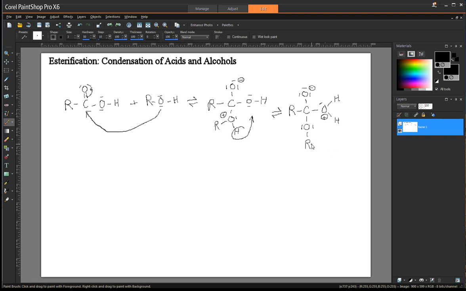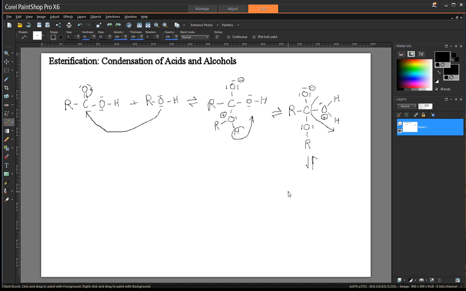So what can we do to eliminate that positive charge here? Well, one of the things we can do is just eliminate this completely as water, H2O. If we take those 2 electrons here, we're going to satisfy that positive charge. It's going to move the positive charge over to that carbon, and we'll get this intermediate.